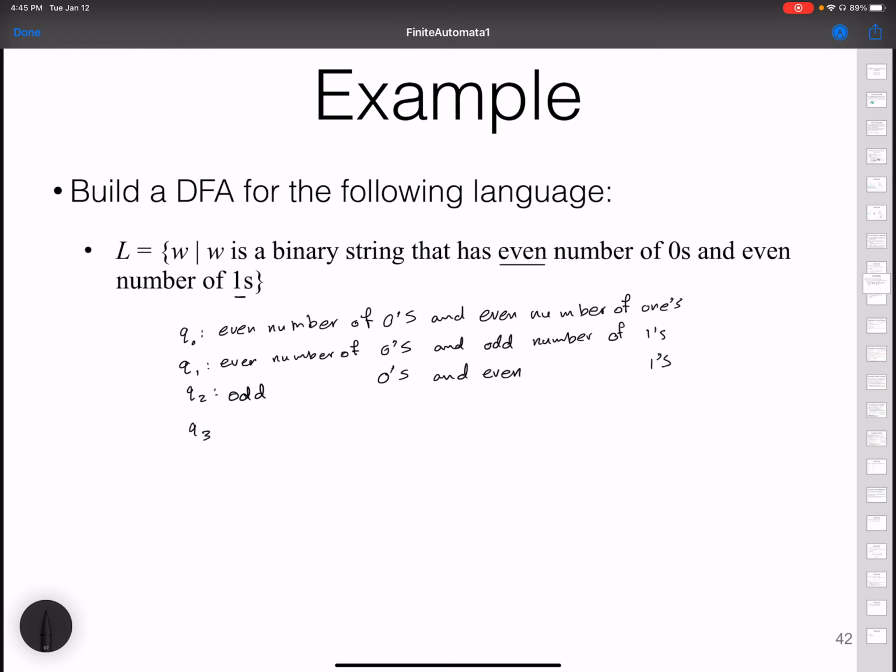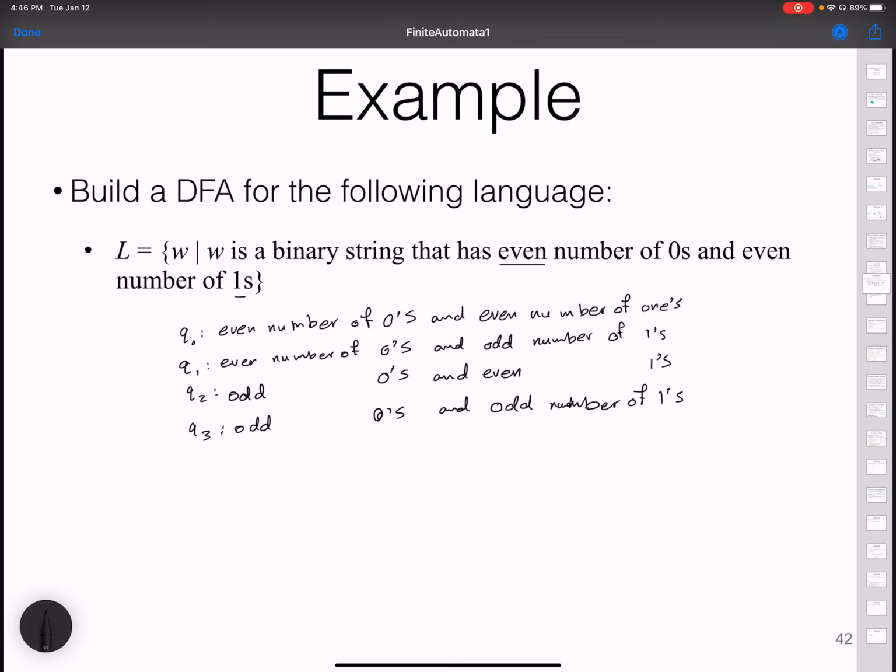Sorry, we are done with even zeros. And Q3, odd number of zeros and odd number of ones. So you can see that the situations that I care about are these. There are no more situations that I care about, and I really need a distinct state for each of these situations.